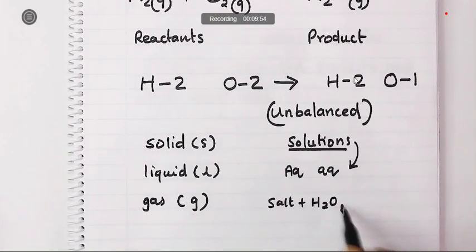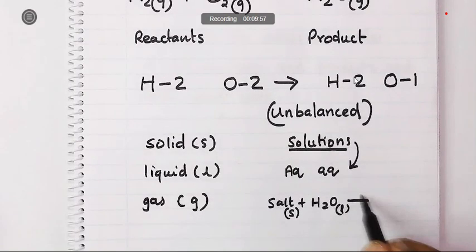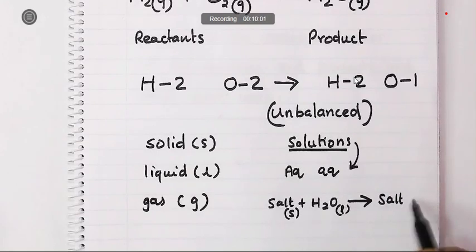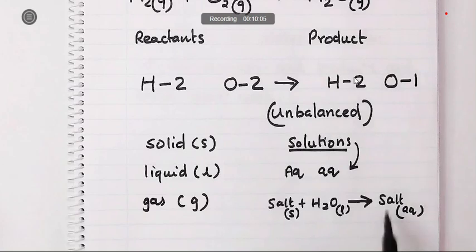Salt is solid, water is liquid, and in liquid state you will get a salt solution. There is no need to write salt solution; if you write salt AQ, that stands for solution. If you see AQ under a substance, it describes the liquid state, but that is a solution.